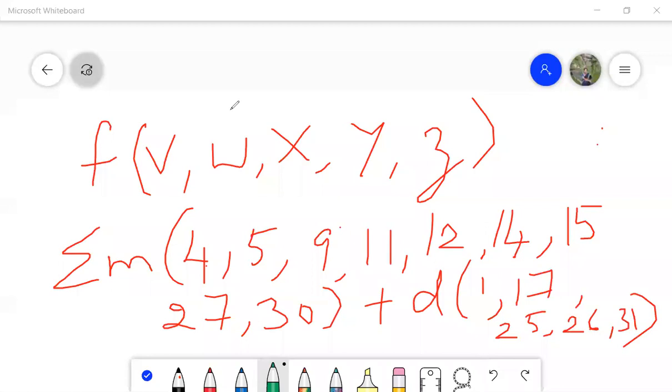This is the expression I have taken. We are going to solve this expression.